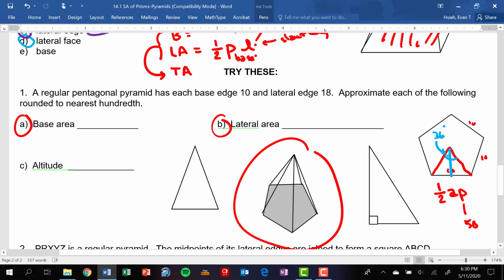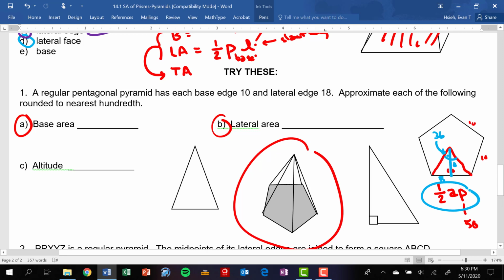And then I can use trig, knowing that this piece right here is 5, and I can find that apothem real easily. Once I find that, I plug that into that formula.